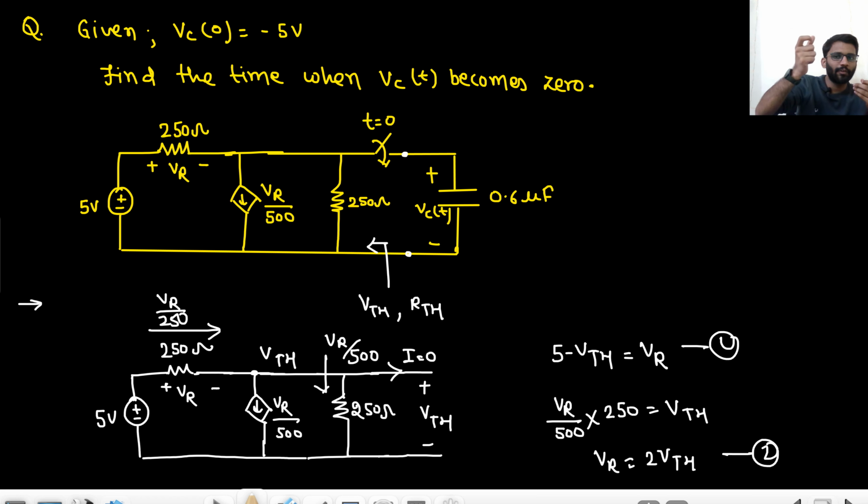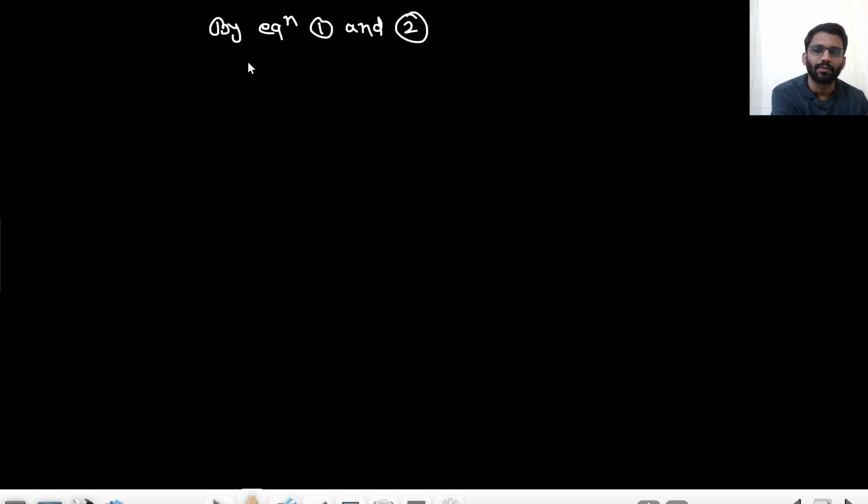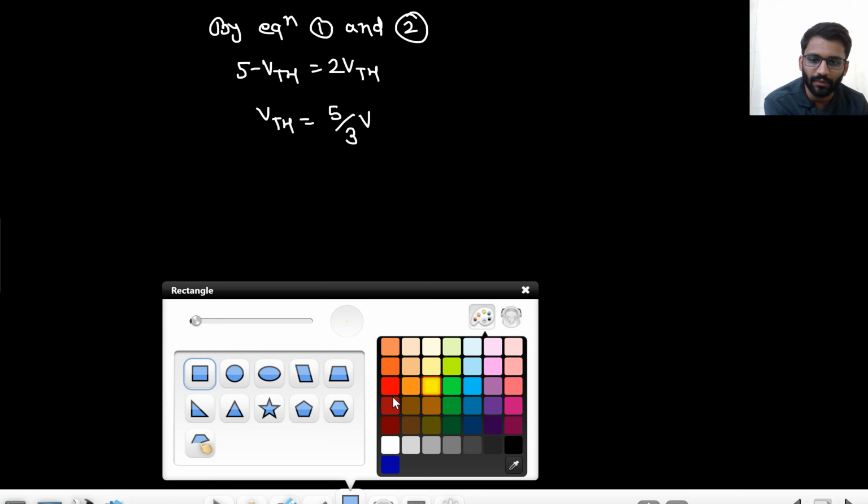So VR by 500 into 250 is equal to VTH. This equation we get, and 5 minus VTH is equal to VR. Now we can replace VR with 5 minus VTH. So 5 minus VTH is equal to 2 VTH. So VTH would be equal to 5 by 3 volt. So the first thing we have got here.